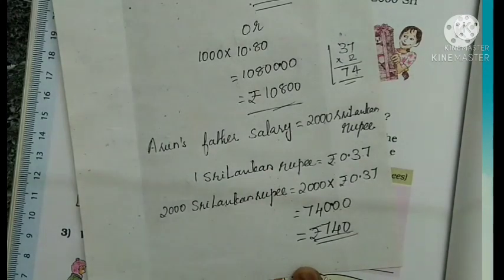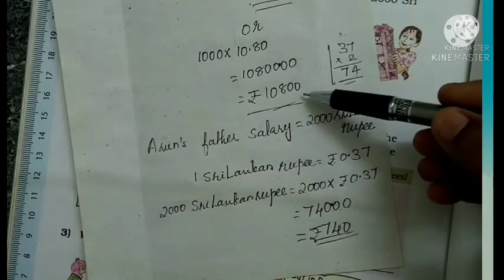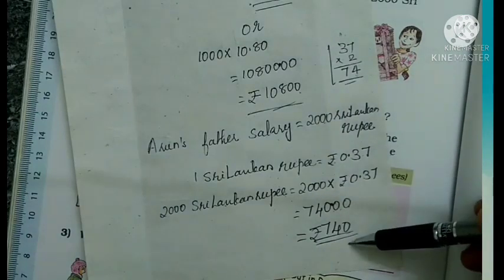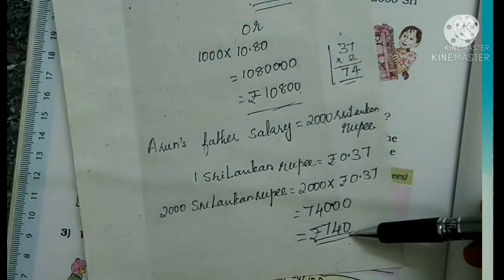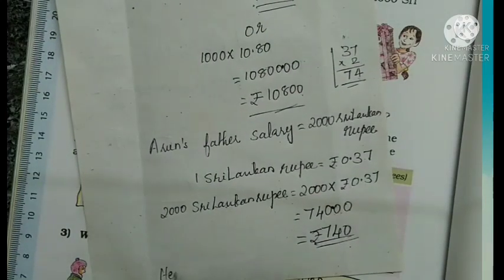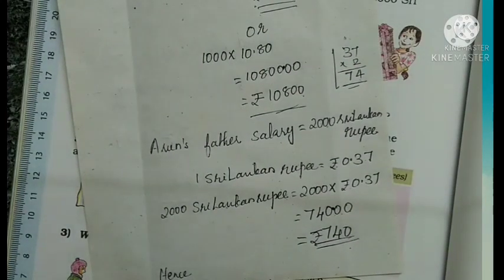740 rupees. So Majid's father, how much salary? 10,800. So Arun's father's salary is 740. Hence, who got the more salary?